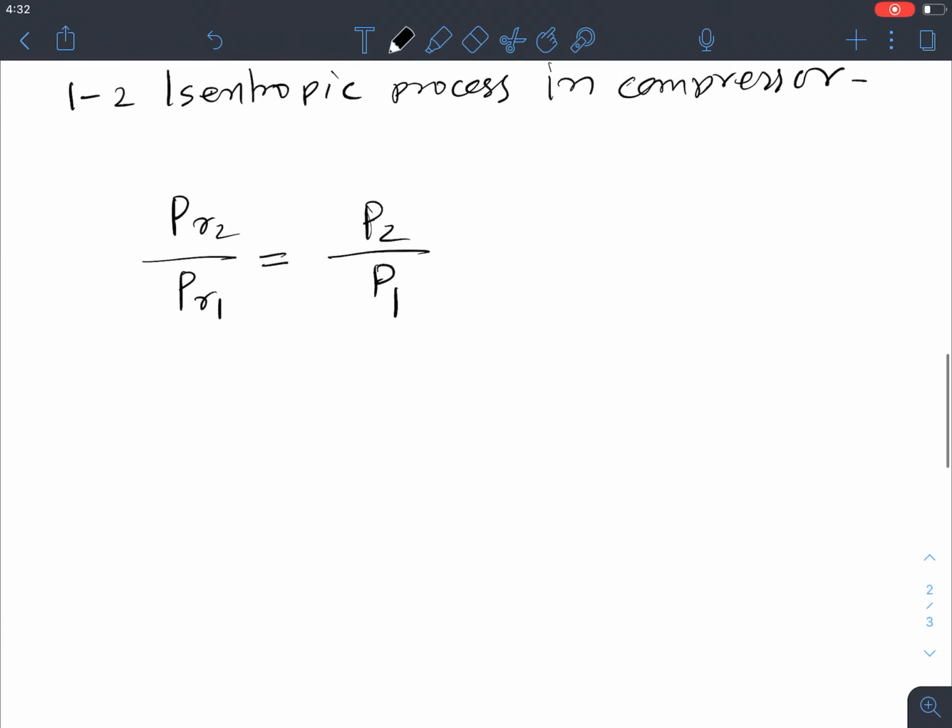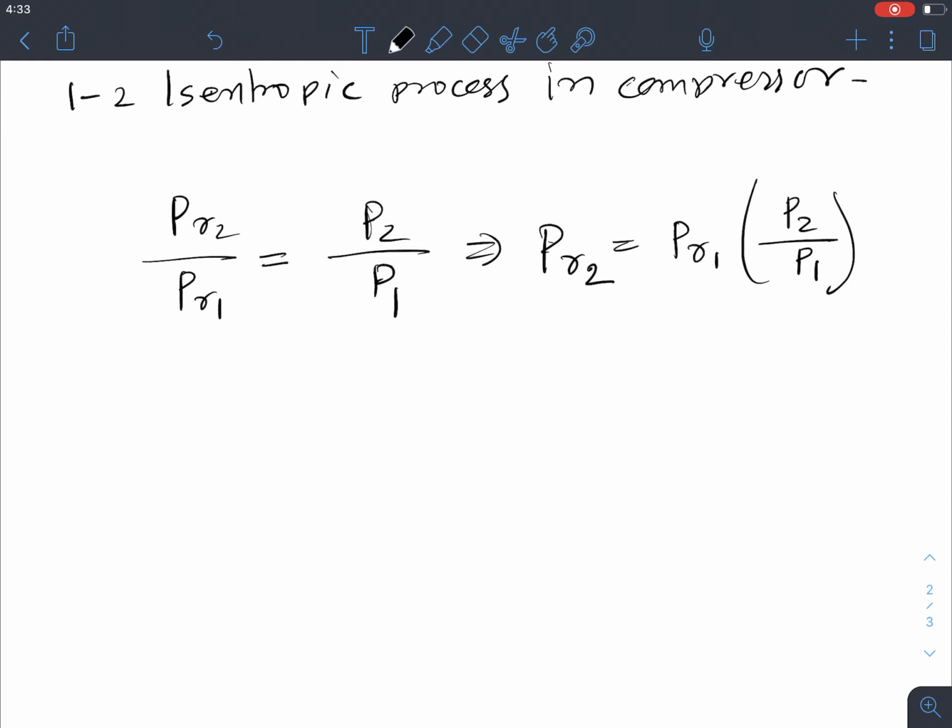So we know the pressure ratio, and we know PR1. Now we need to determine PR2. From this expression, PR2 equals PR1 times P2 divided by P1.